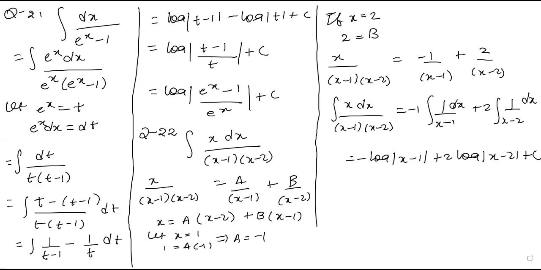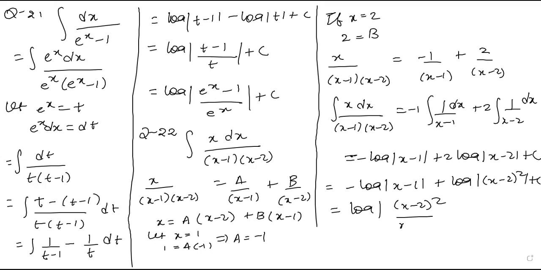But this is not the format given in the answer, so I have to write this differently. I will take this 2 in power, and applying the properties of log, I will have log of x minus 2 whole square upon x minus 1 plus c. Here B option will be the correct option.